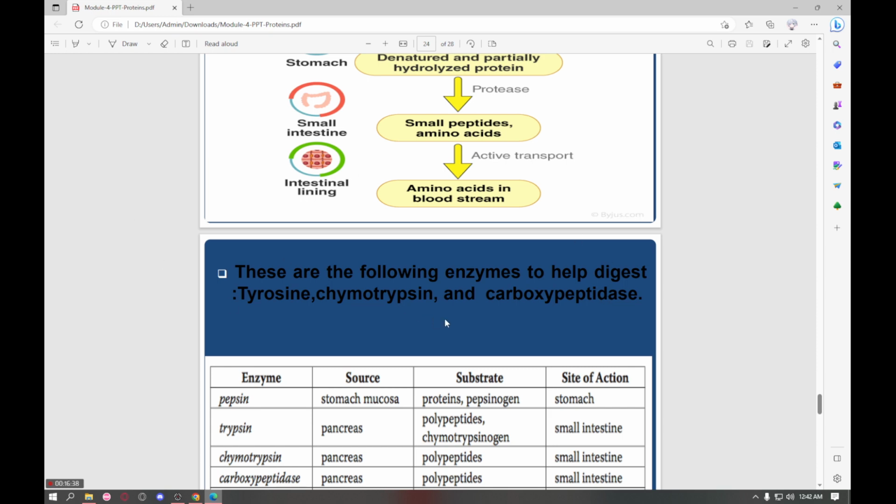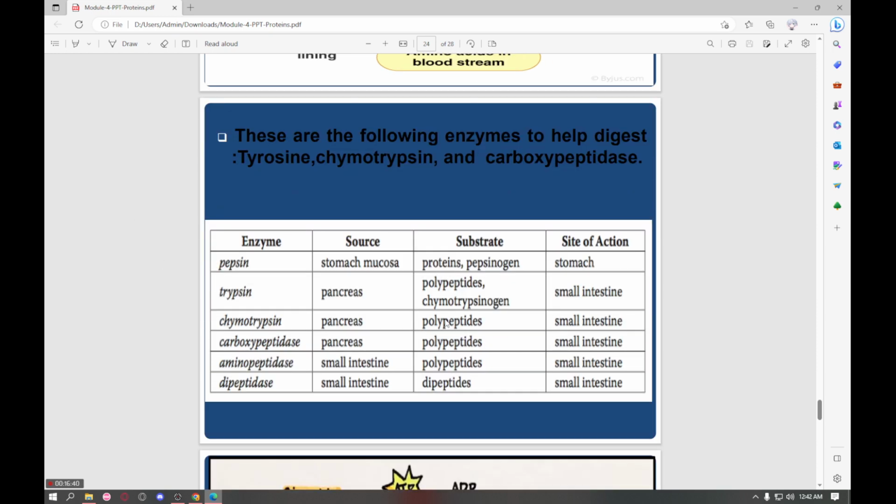So these are the enzymes which are found inside our digestive organs. For example, your pepsin is found in your stomach, which is the one that helps to break down food, and then your trypsin is found in your pancreas.